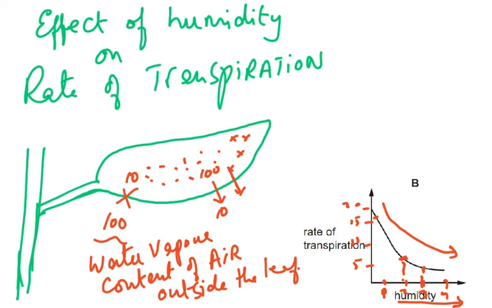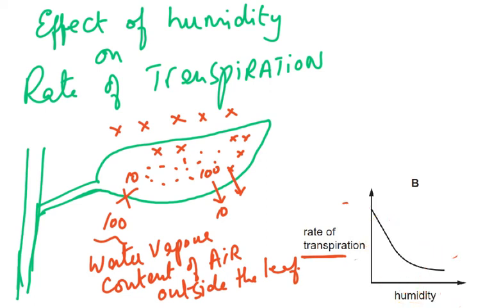As you can see here, if outside the leaf there are more water vapors and inside the leaf there are less water vapors, then why would it diffuse out? So more the humidity outside, lesser the rate of transpiration. This is what was happening. It is decreasing. I'll just clean this graph so that you all can understand this.